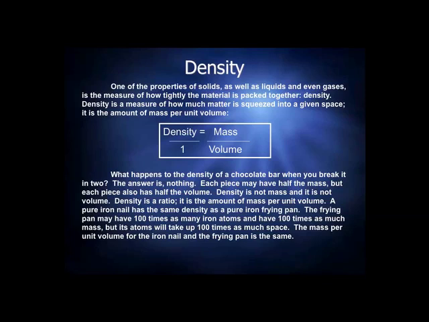Let's do one more. So now let's say I tell you I have 30 grams of something. And the density of this material is 12 grams per cubic centimeter. What's the volume of this? How do I set it up? Substitute the formula with the numbers.